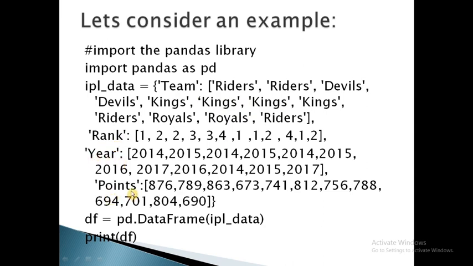So we have 4 column headers and we have these values assigned to them. Then we are creating a data frame out of this dictionary, and df is the data frame object. Now we are printing it. So this example we will use in this video.